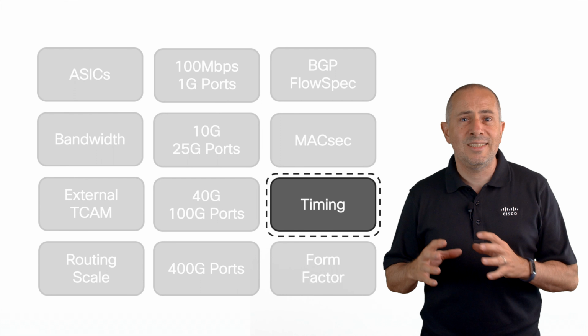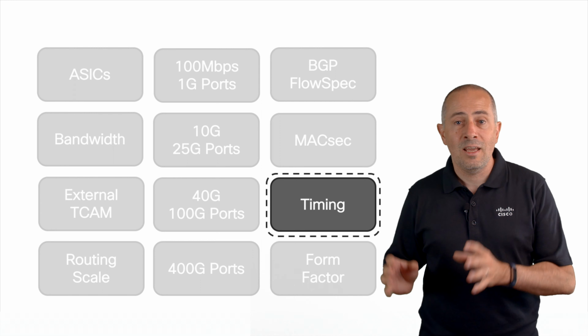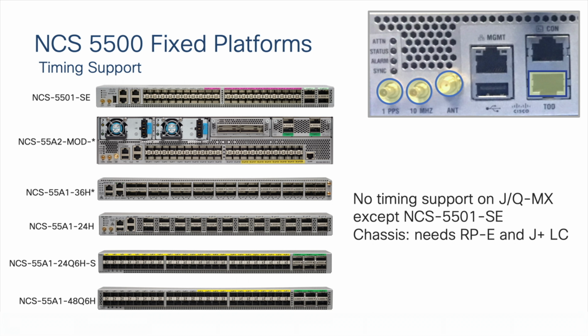Which router supports timing technologies? Protocols like PTP and SYNCE. First, it will require a Jericho Plus NPU. Whether it's completed with an external eTCAM or not is not relevant, in this context at least. So all fixed systems based on Jericho Plus support timing features. And so do the line cards in your chassis.